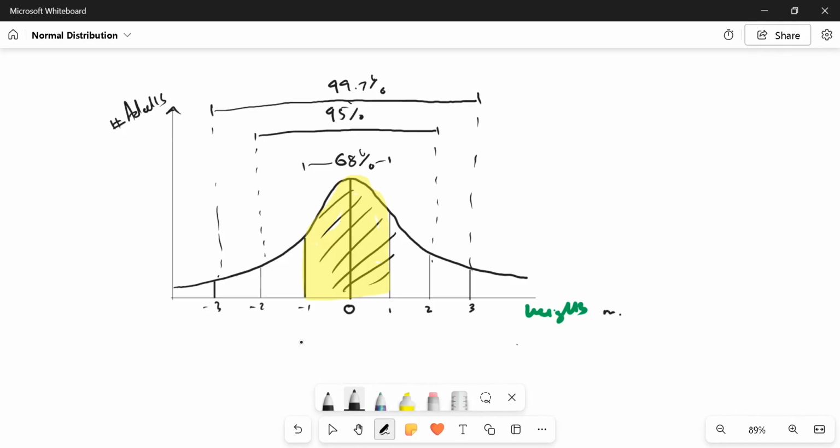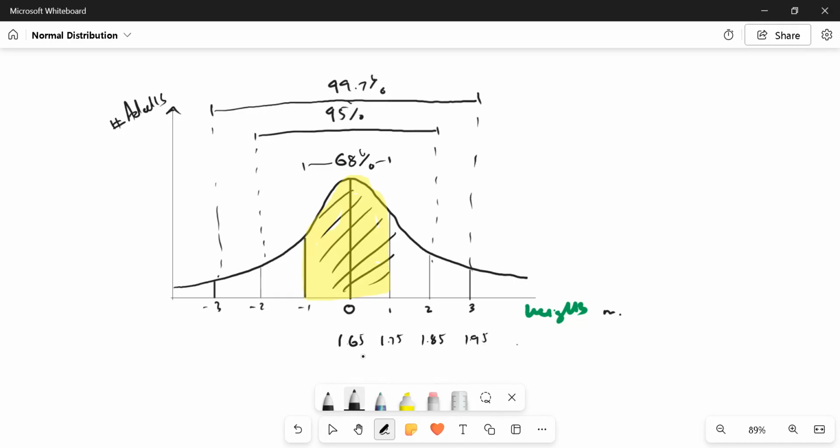Okay. And that example is aligned to the heights example, where we had 1.65 and we didn't calculate the standard deviation. We didn't have one, but let's say the standard deviation was 0.1. Then 1 standard deviation will be 1.75, 2 standard deviations 1.85, and then 1.95.